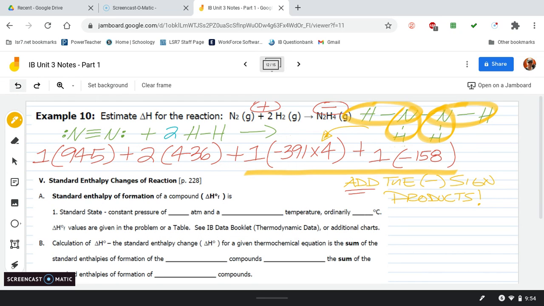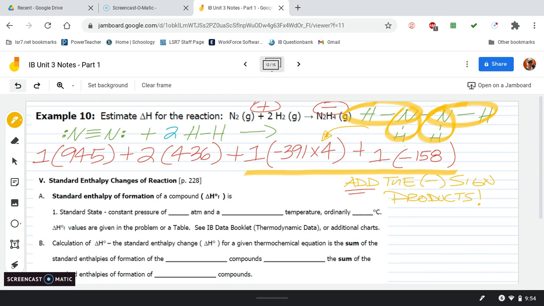And so let's run it through: 945, plus 2 times 436, gets us our value, right? And then we're going to add that to, now this is a little bit different, negative 391 times 4, that's going to be a bit bigger.